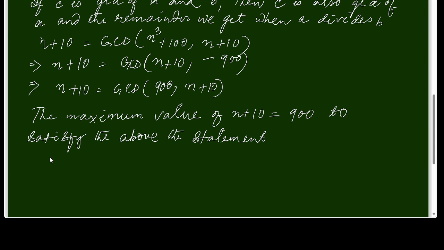So n equals 900 minus 10, that will be 890.